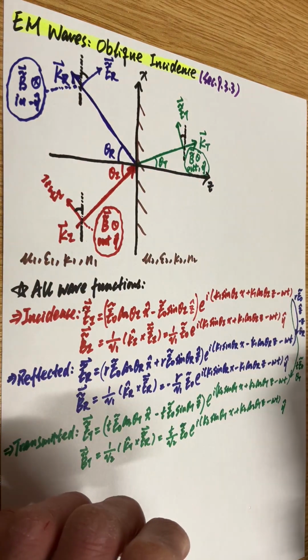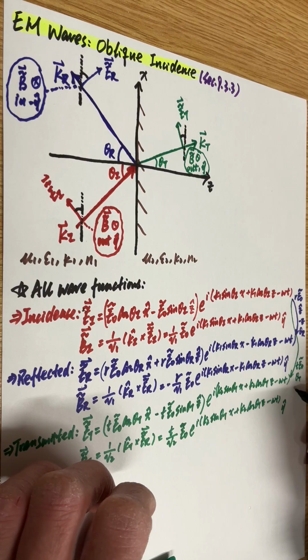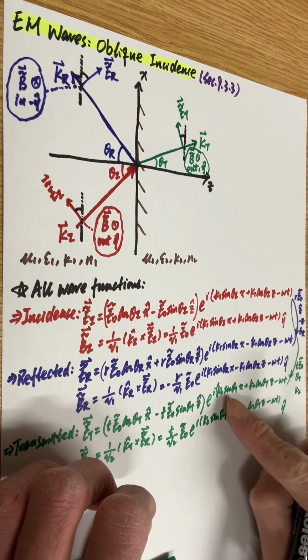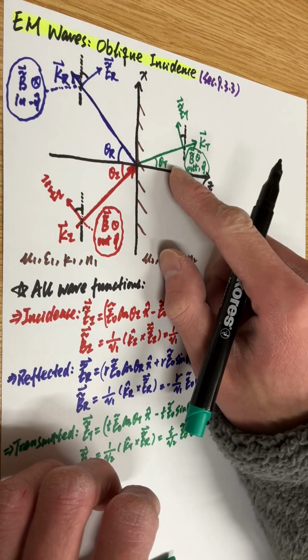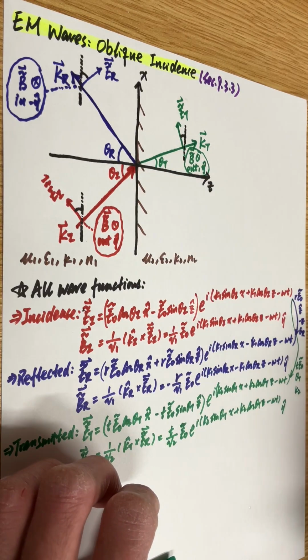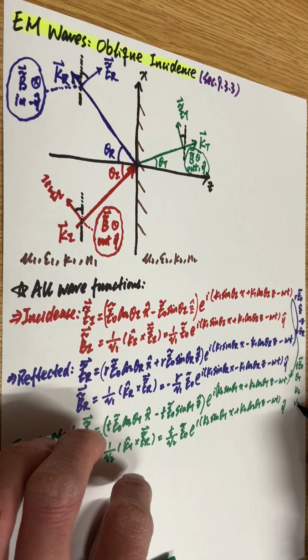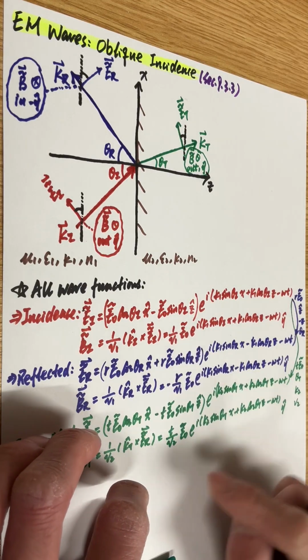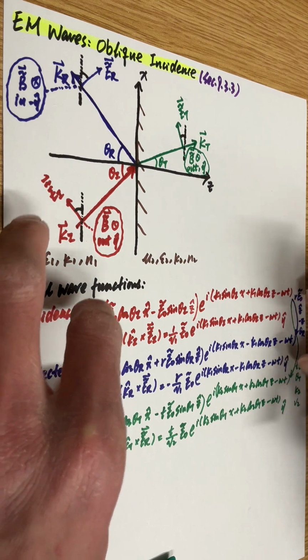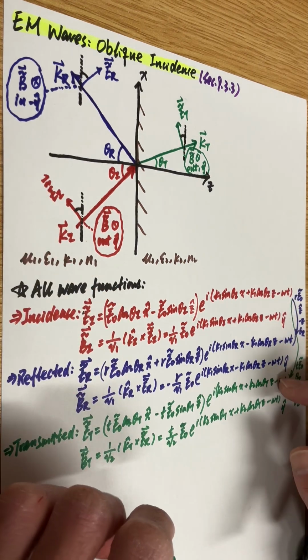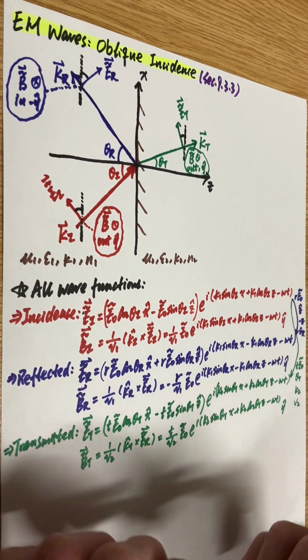The other thing to replace is kappa 1, which must be replaced by kappa 2. And V1 must be replaced by V2. So if you replace all of them, you'll see the connection between pairs of electric fields.